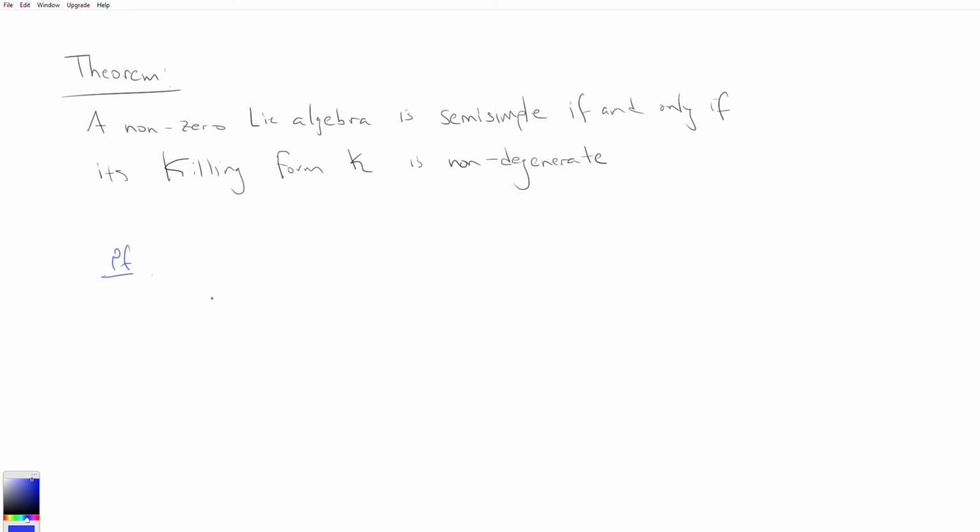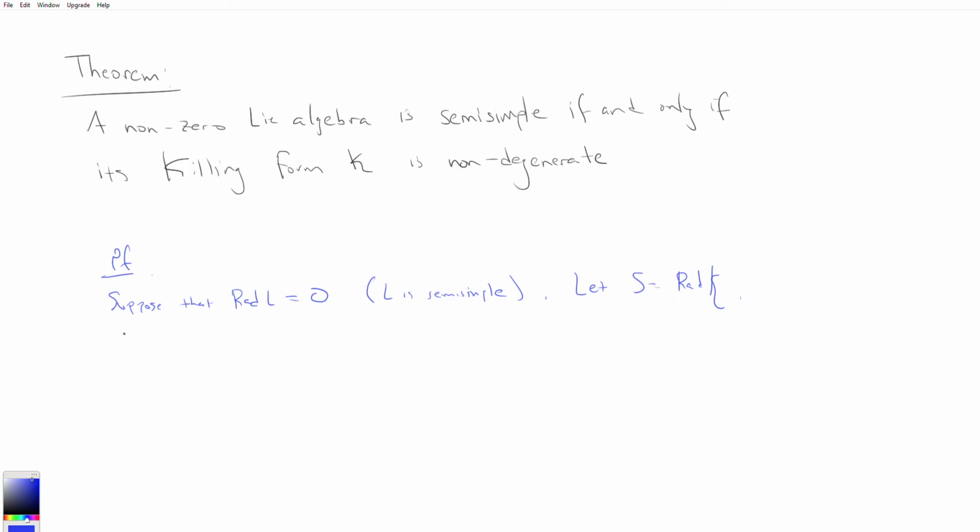So let's look at the first direction, okay? So suppose that rad L is equal to 0. So this means L is semi-simple, right? This is not to be confused with the radical of the Killing form. So suppose rad L is equal to 0. Let S equal the radical of the Killing form.